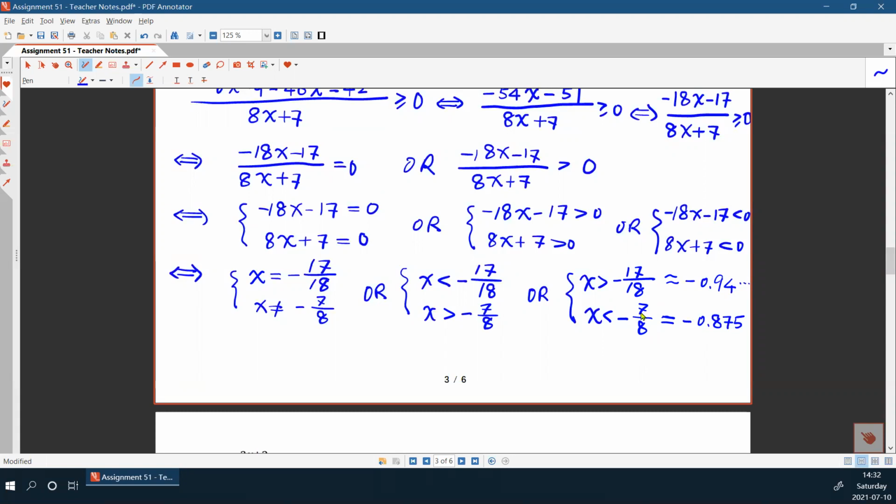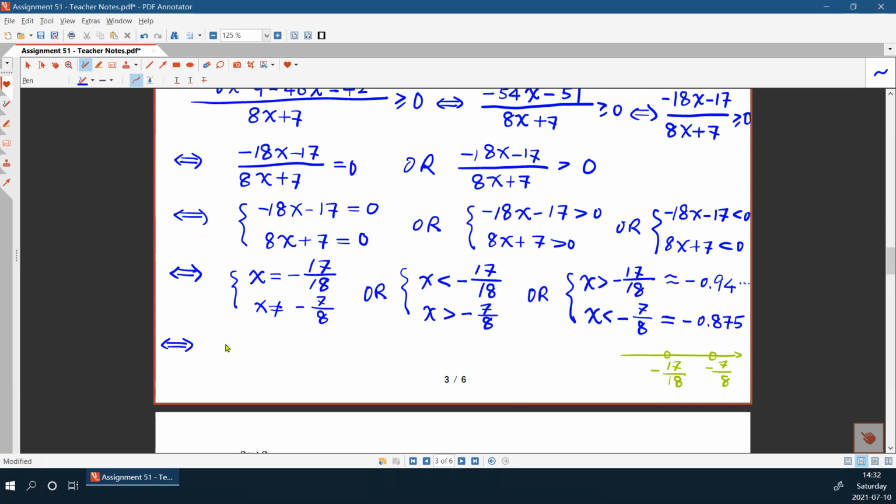Of course, minus 7 over 8 is a larger number, right? So let's draw the number axis here. This is minus 7 over 8, and this is minus 17 over 18.